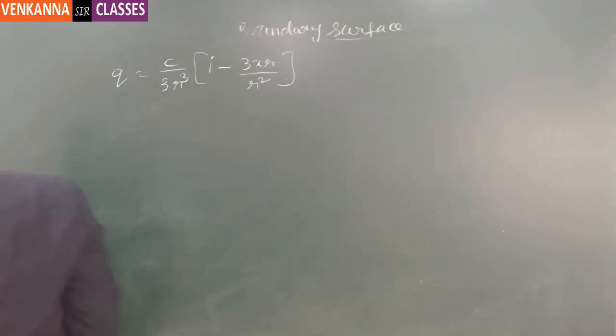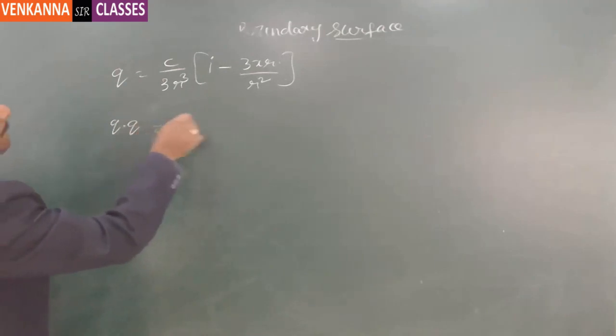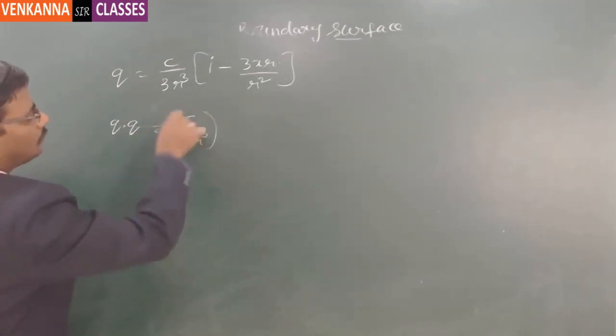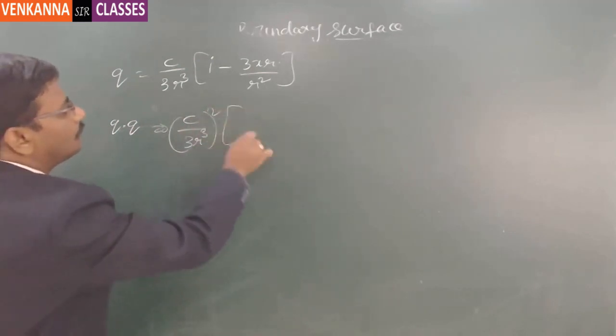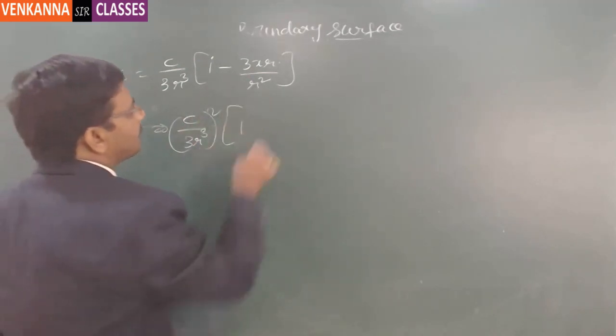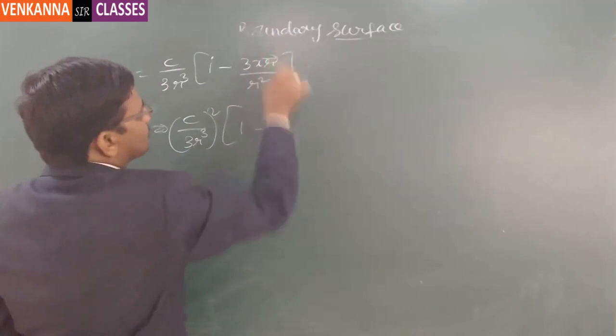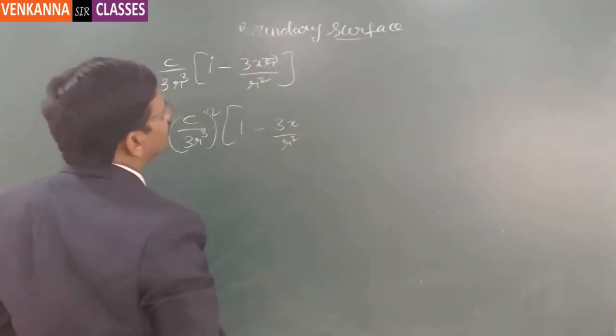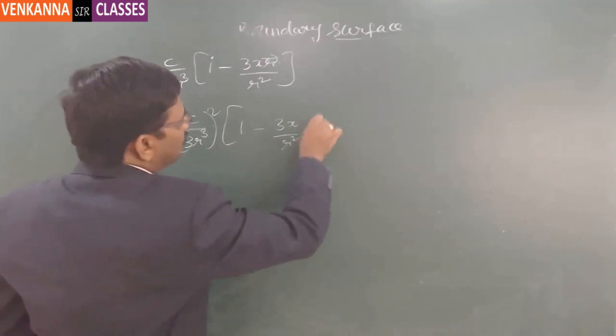Now q dot q is c by 3 r cube, whole square, into, so i dot i is 1 minus 3x by r square into r square.